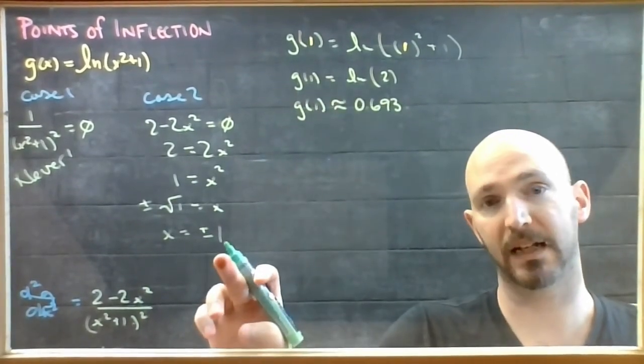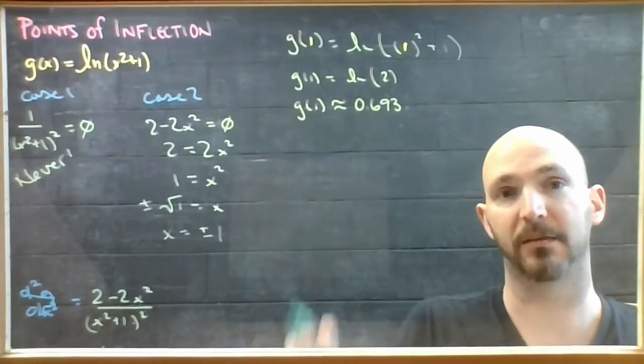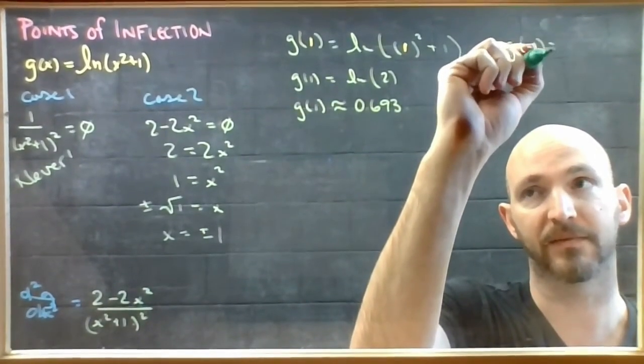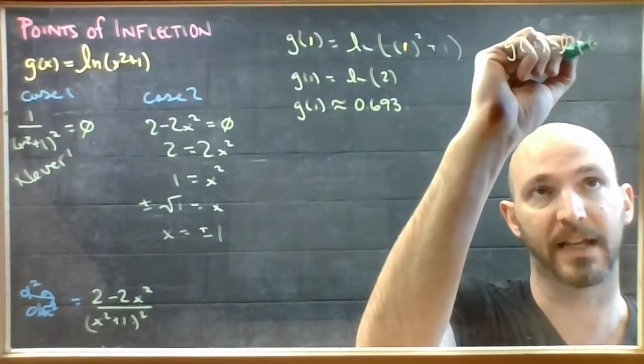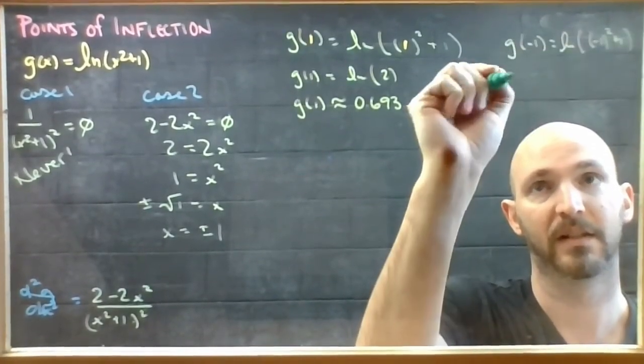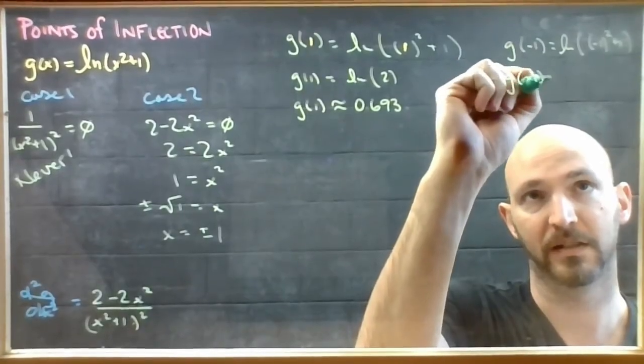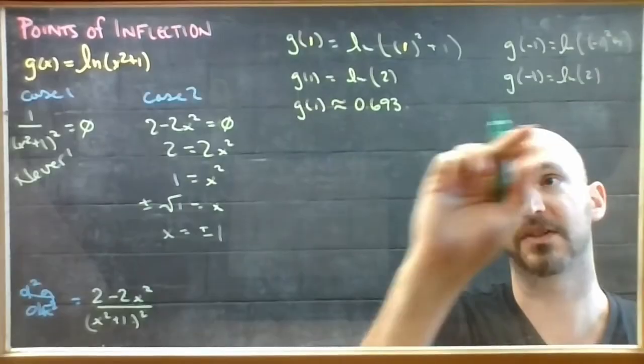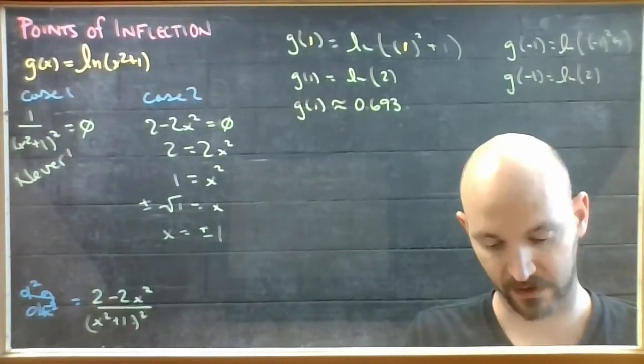So I was able to put that x value into the function and get a viable answer, so no problem. g at negative 1, if I put that in there, ln of negative 1 squared plus 1 will be, so negative 1 squared is 1, 1 plus 1 is 2, which is going to give me exactly the same answer.